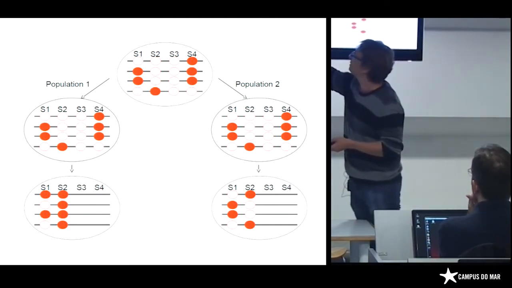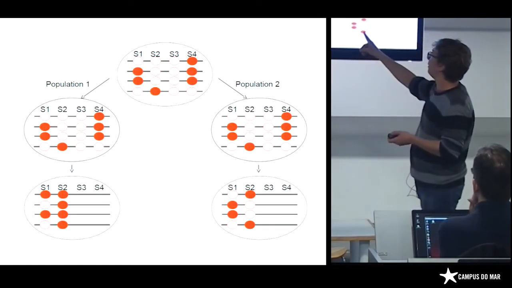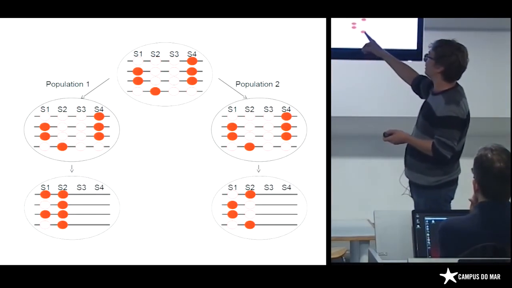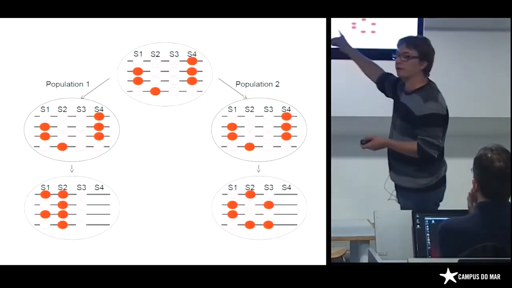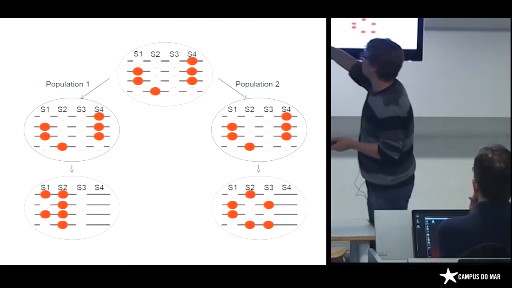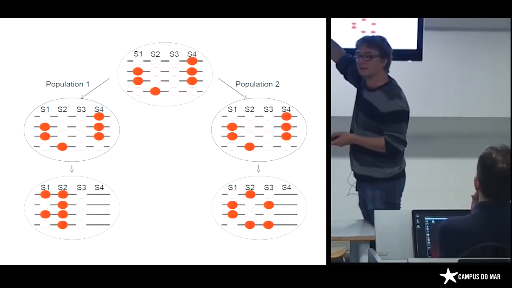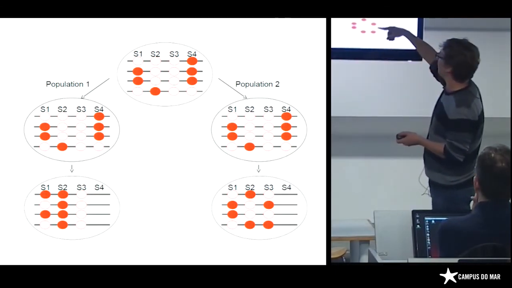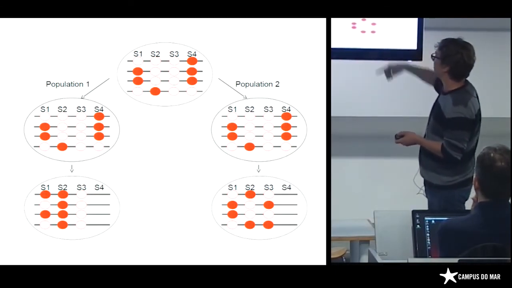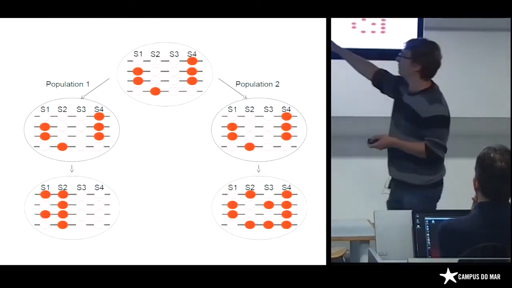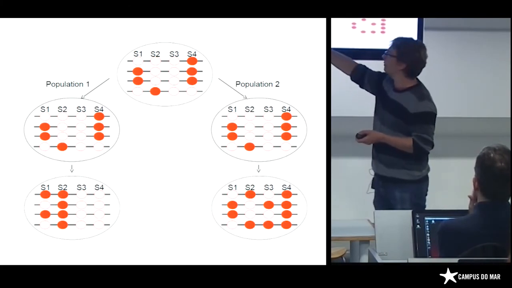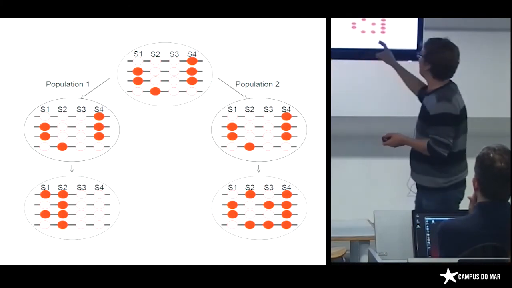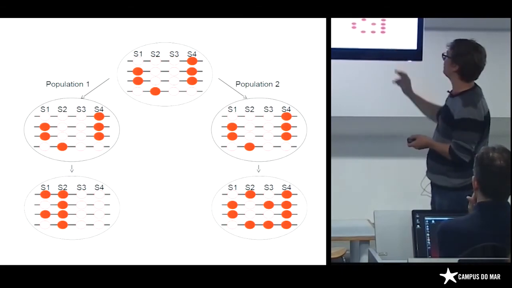Here you have a fixation of the derived allele in population 1, but this SNP is still polymorphic in population 2. Here you have the reverse. It's the ancestral allele that is fixed in population 1, and the polymorphism is present in population 2. And here you have differentially fixed alleles. The ancestral allele in population 1 and the derived allele in population 2.